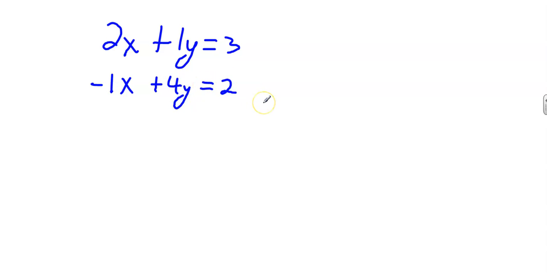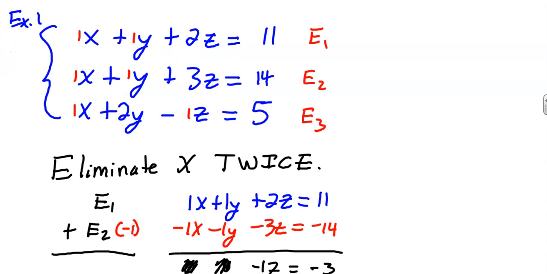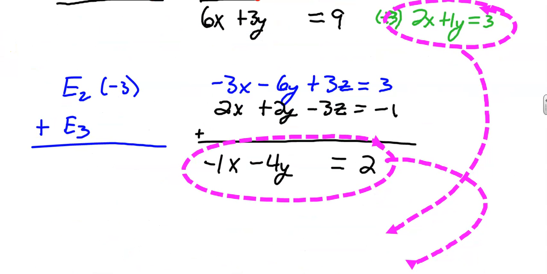Is that right? Minus 4y. Okay. All right, so that's our two equations. Negative 1x minus 4y. 2, 1, 3, negative 1, negative 4, 2.